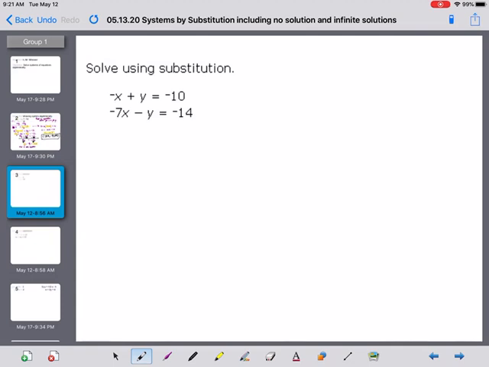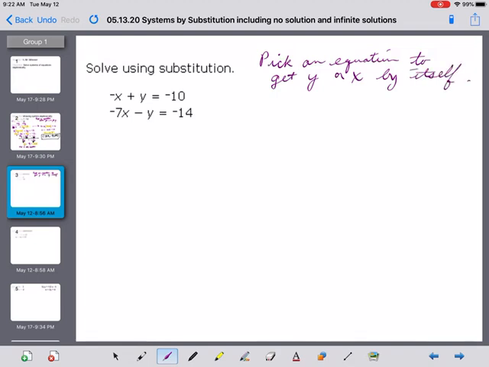Okay, these are examples taken right from IXL. Solve using substitution. So remember, you pick an equation to get y or x by itself. Okay, sometimes one will be solved. Most of the time one will be solved in this class.